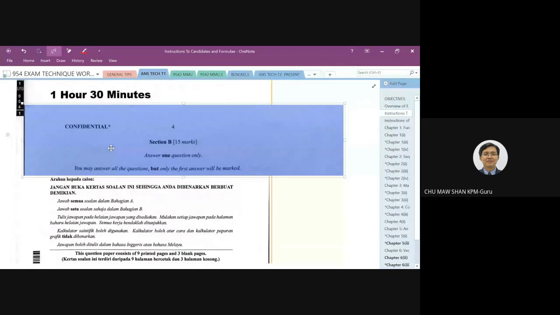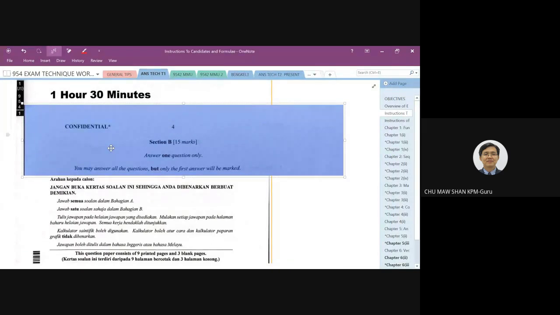But actually, if you attempt 2 questions, you really have to arrange your script properly. The examiner does not have the obligation to choose the best for you. The examiner will only mark according to the sequence in which you arrange your answer script.